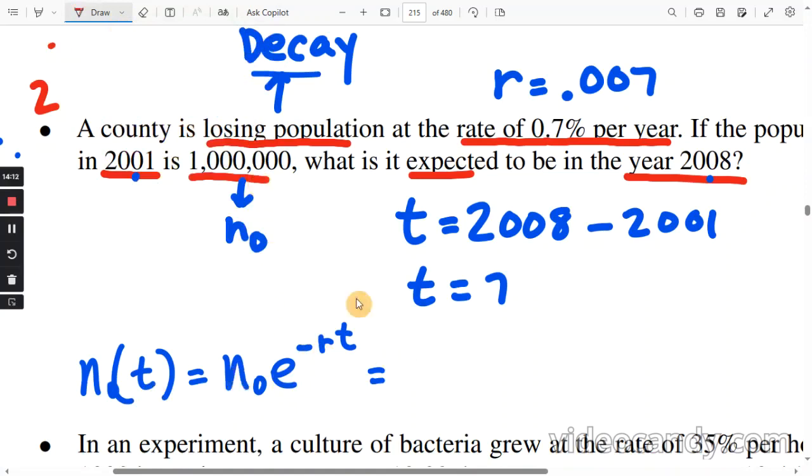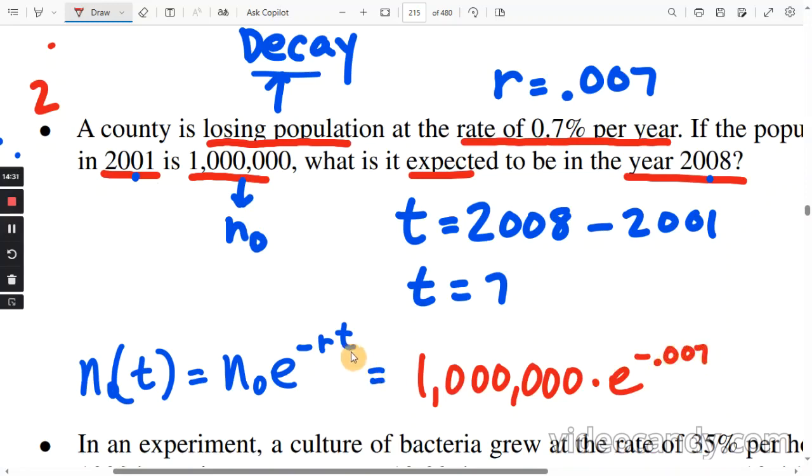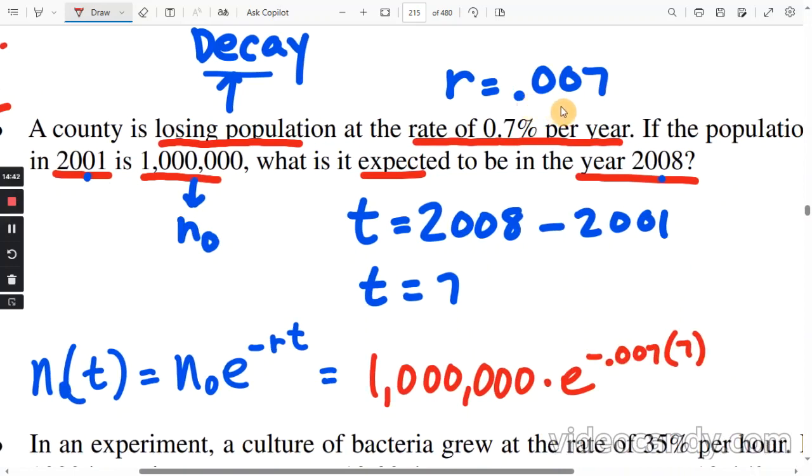N sub 0 is the initial amount, that's 1 million, times e to the power of negative r, so negative 0.007, times t, and that's 7 years. This whole thing right here is the exponent. Make sure the units match. This says 0.7% per year, and the population is also measured in years, so we're in business.